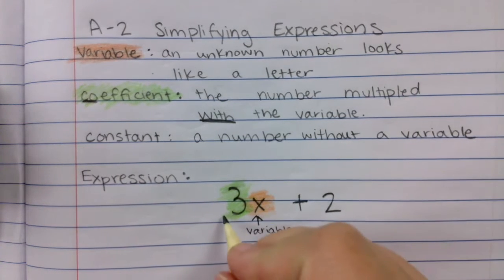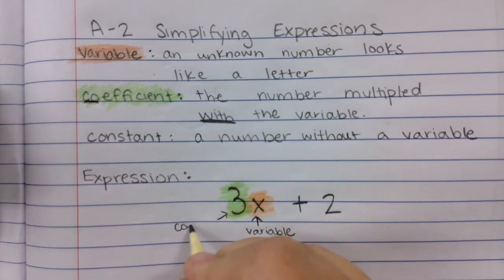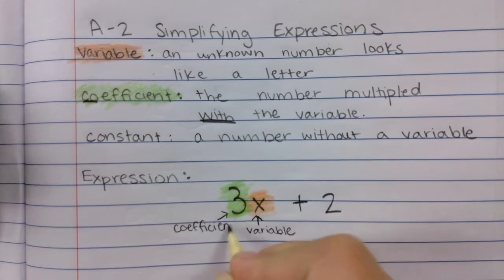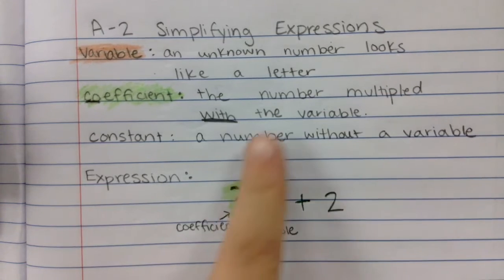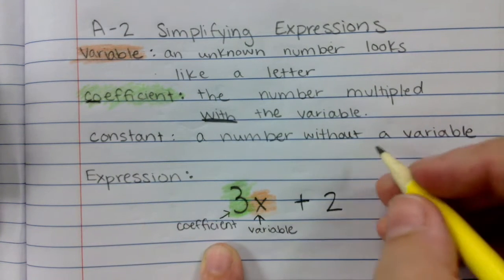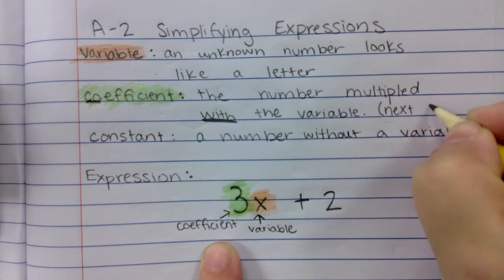If you want an extra label, you can write it down with that. If you don't need the extra label, don't do it. It's your choice. It's your notes. So a coefficient is the number multiplied with the variable. Something else you might want to write there is like the number next to the variable.